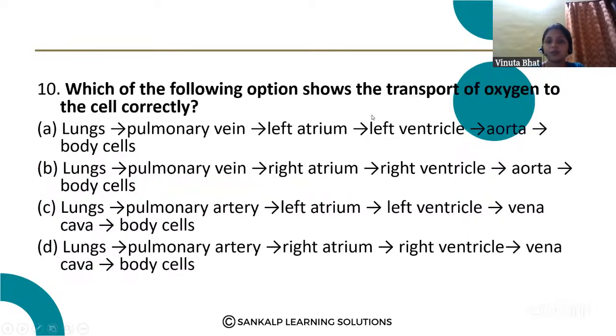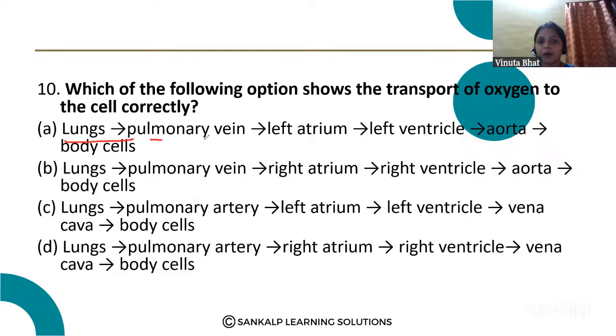Next question. Which of the following options shows the transport of oxygen to the cell correctly? How the transport of the oxygen takes place to the cell correctly. For this question, you should know the schematic diagram of the sectional view of the heart.